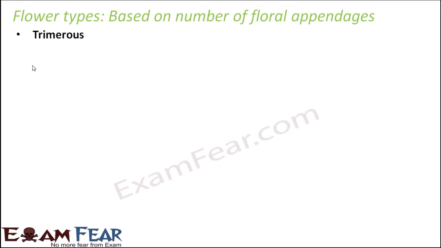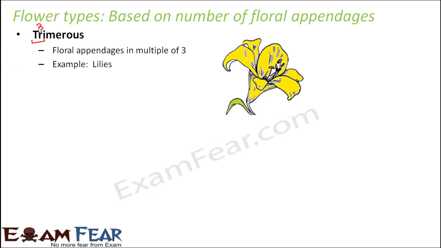Nothing much to explain. Tri means three. So they have floral appendages in multiples of 3. For example, lily. So when I say floral appendage, I am talking about the floral parts, maybe the petals. So here how many petals do you have? 1, 2, 3, 4, 5, 6, which is a multiple of 3.